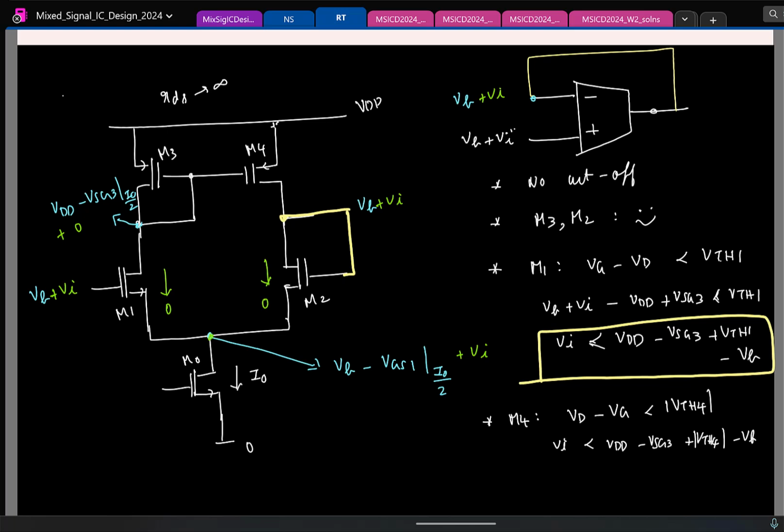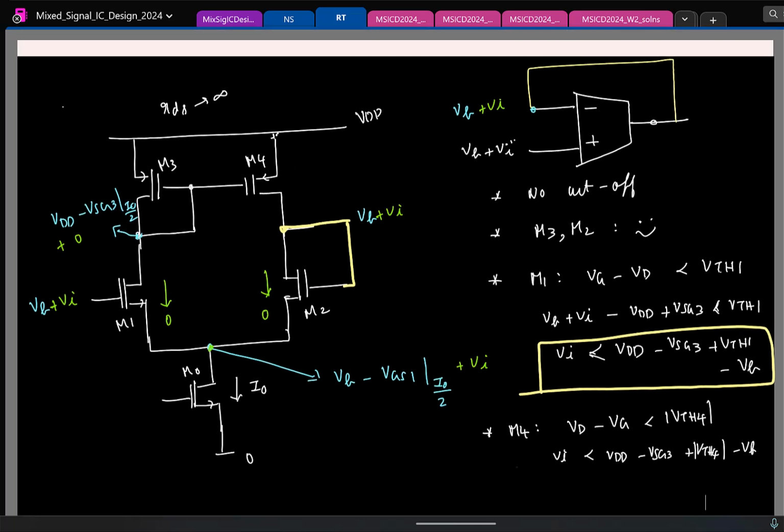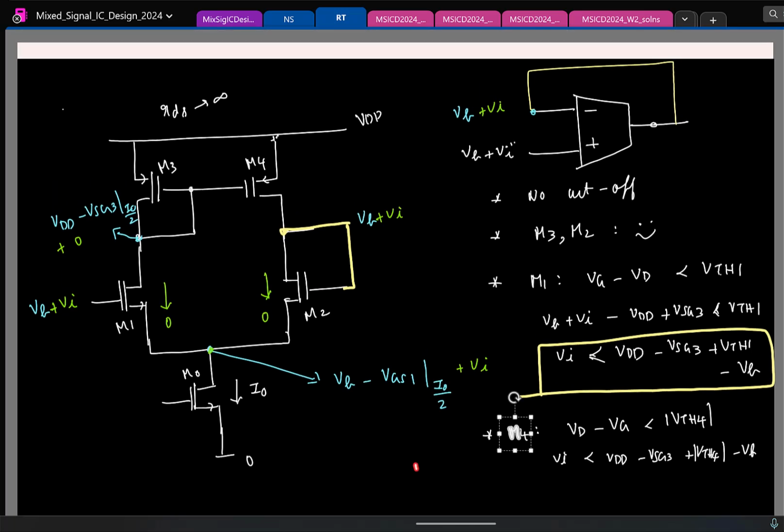What is the remaining transistor then? M0. So do it for M0 and tell me what is the condition you get. Can you write and tell me what is the final limit you get? Oh, assume that it is some VGS0, right? Okay.